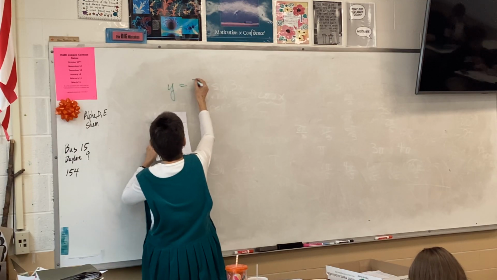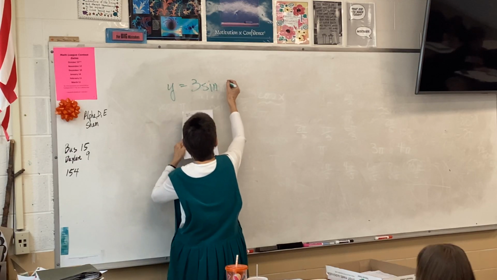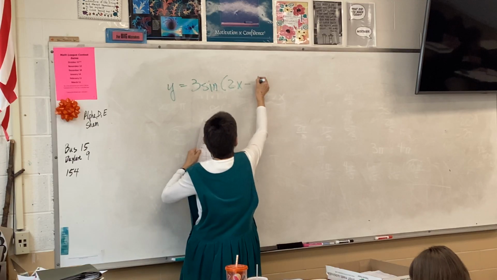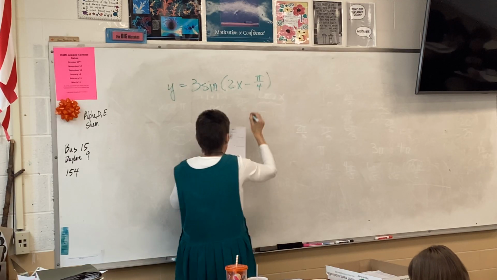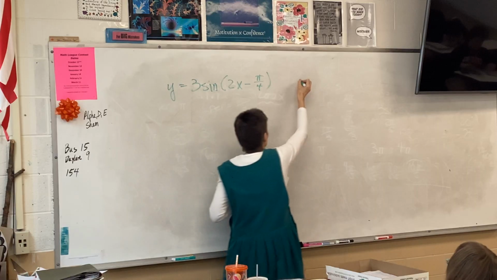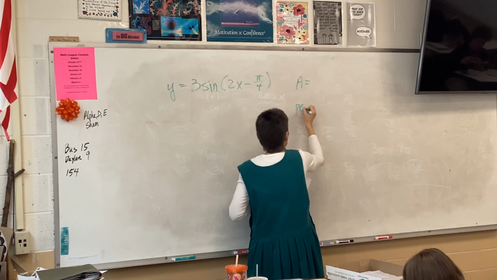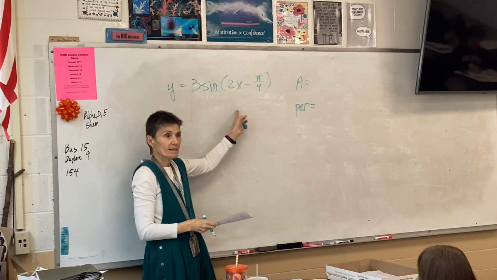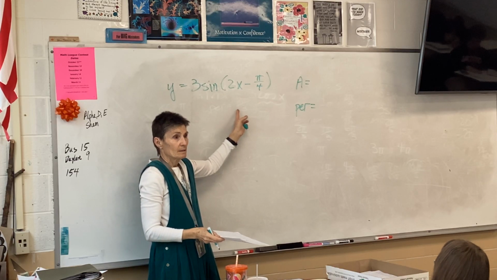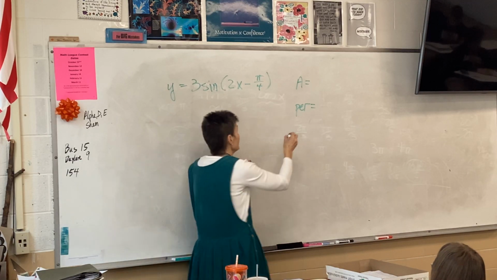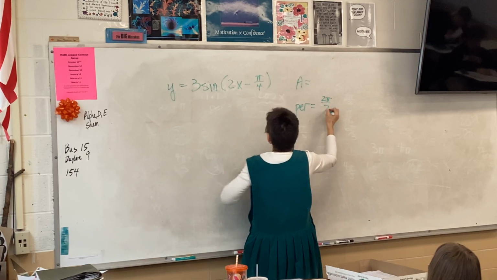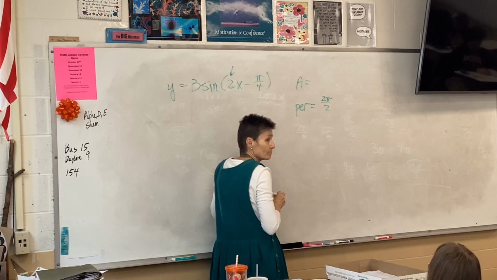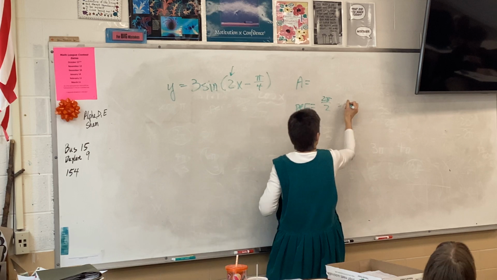Here is a perfect example of what we were just talking about. If I only cared about the period, I could leave my problem just like this and tell you that the period is 2 pi divided by 2, 4 pi, that's my period.